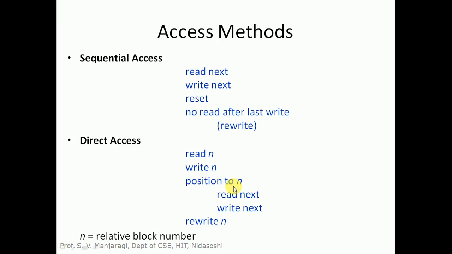We can move to the block number n, and from that particular block we can access the contents sequentially. So that is position to n. So we can directly access a particular block n, and from that block we can read or write. So that is direct access.